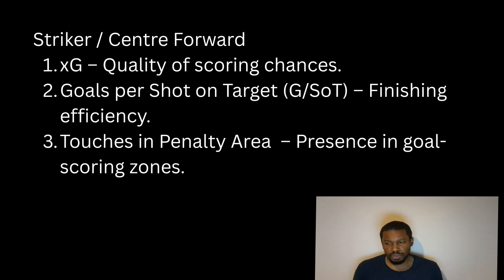The next metric would be goals per shot on target, actually more per 90. This will tell you how many shots on target the striker is taking before they score a goal. Why is that important?